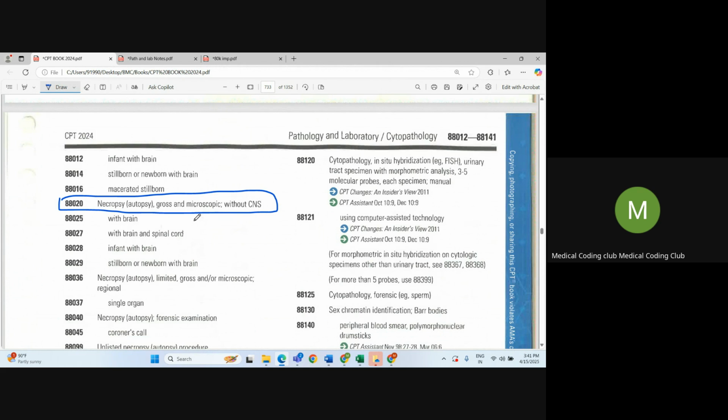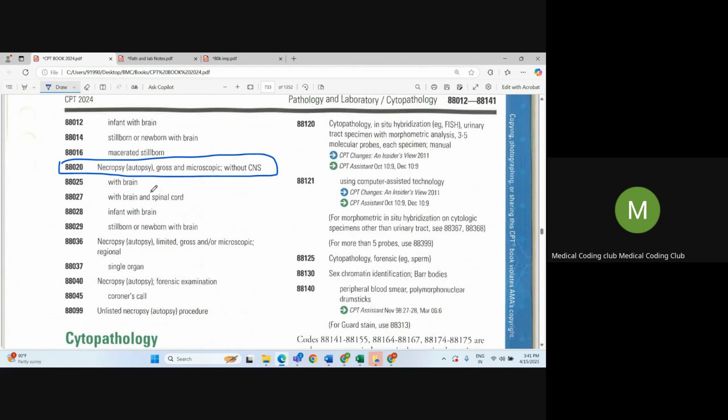Okay, so here you can see they have mentioned newborn with brain. They are performing an autopsy procedure on the baby which has died, and that particular brain. Okay, so answer is 88029. 88029 is the correct answer.